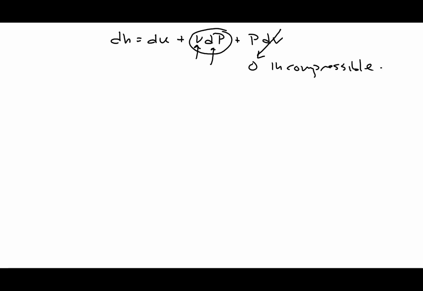But what if there's not a small to moderate change in pressure? Then we need to consider this term for the change in enthalpy. So we basically have dH is equal to dU plus v dP. Let's look at a couple of cases.